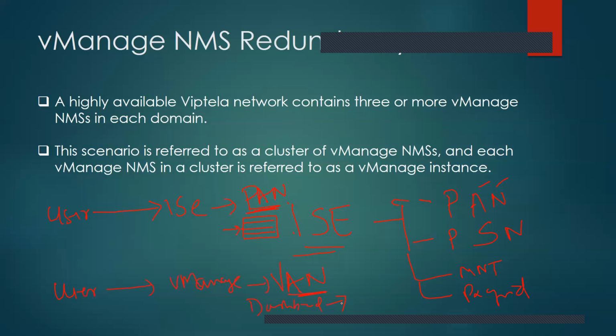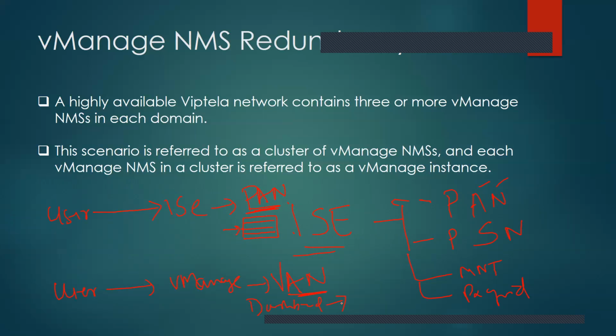As per the deployment, you have to reserve some disk space for vManage. Why? Because vManage is a controller that has to store some configuration, some templates, some certificates, some statistical information, etc.